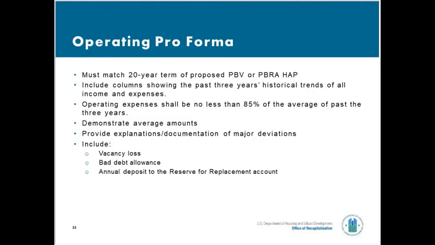So again, please include in your operating pro forma the percentage for vacancy loss, a percentage for bad debt allowance, and the annual deposit for reserves for replacement, which is $450 per unit. And again, as I mentioned earlier, Section 2A of the notice will provide you with additional details as to the operating pro forma and what we're looking to receive in your conversion plan.